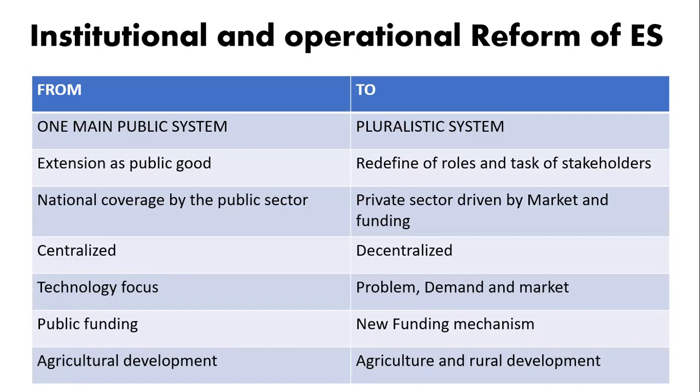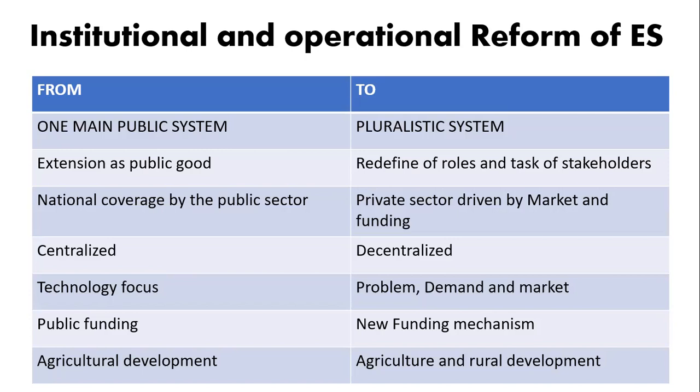But it should redefine the role and task of other stakeholders, because there are some trading people, some private sectors, some value adders. They also have some role in extension, not only the agricultural instructors. Not only the AI, TI, or whatever government body is on the public good. We have to redefine the task of all stakeholders.